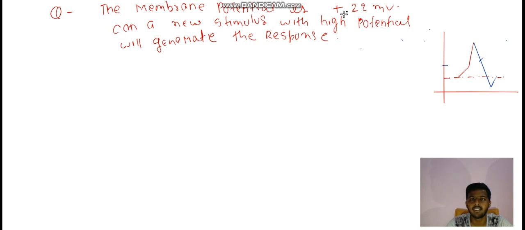So of course the depolarization period can't make a new response, whatever the potential of the stimulus. But if this potential were like minus 50 millivolt, in that case yes, it could, because minus 50 millivolt is a phase of repolarization. But here the question is given the membrane potential 22 millivolt.